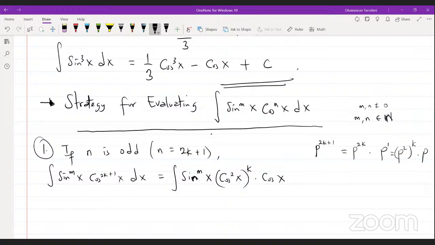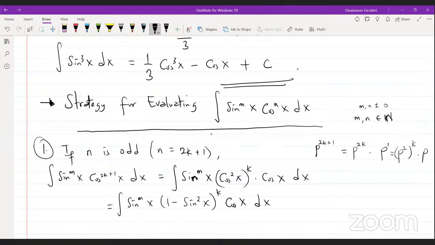But again, what do we know? I can pull cosine squared of x from my identity. So this is the integral of sine to the m of x, and cosine squared of x is exactly 1 minus sine squared of x, to the power k, and you still have your k, times cosine of x dx.